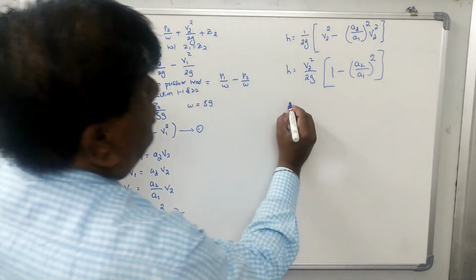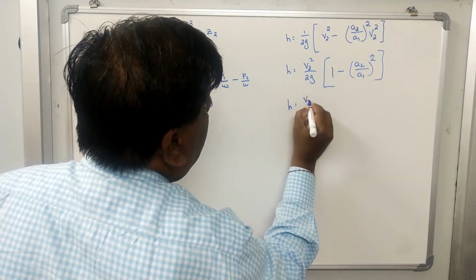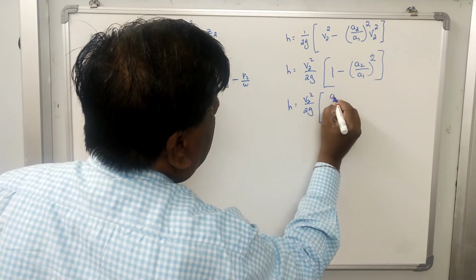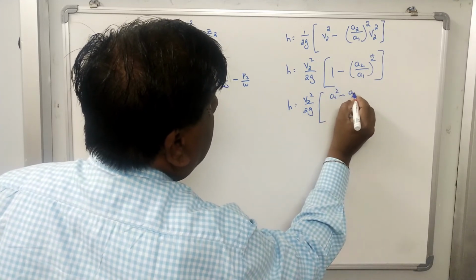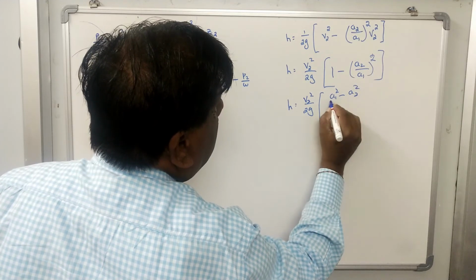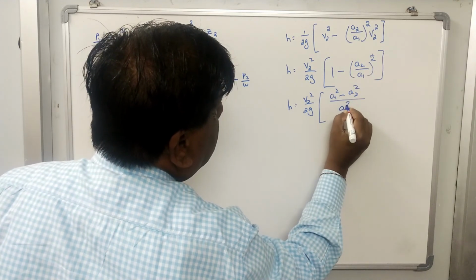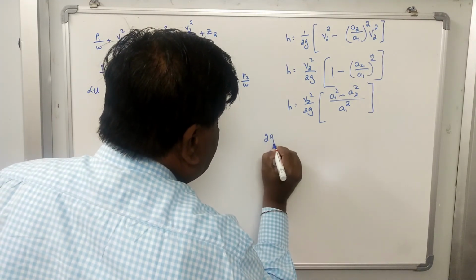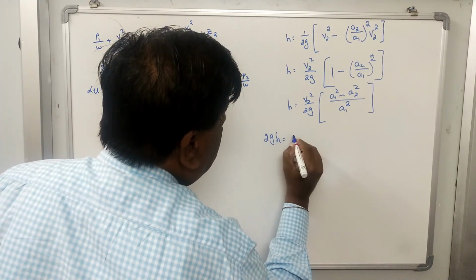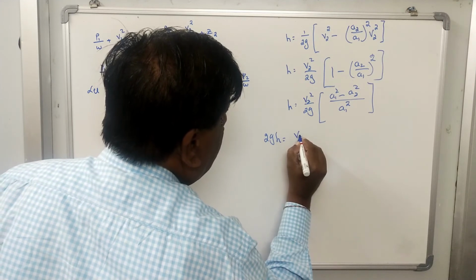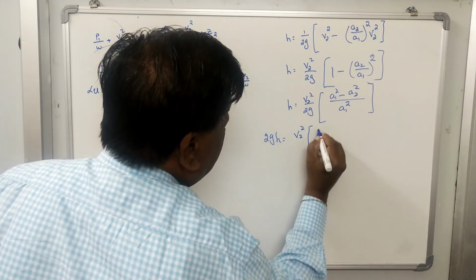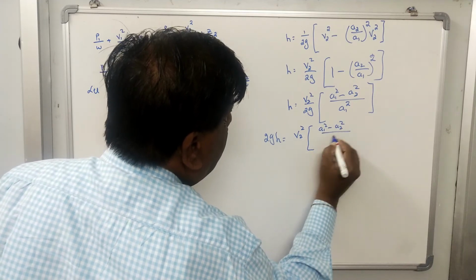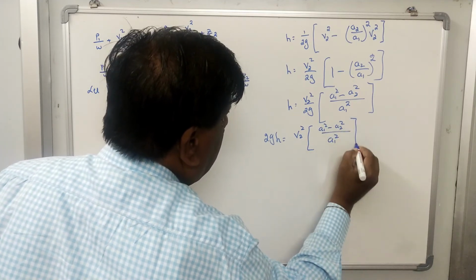Or H is equal to V2 square by 2G inside the bracket A1 square minus A2 square divided by A1 square, or 2GH is equal to V2 square inside the bracket A1 square minus A2 square divided by A1 square.